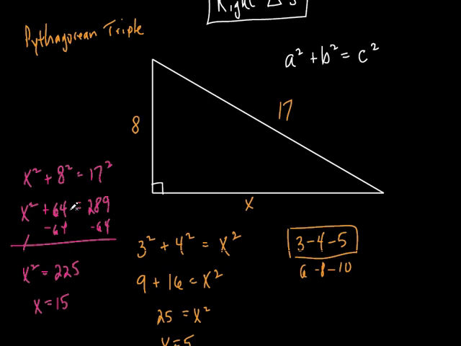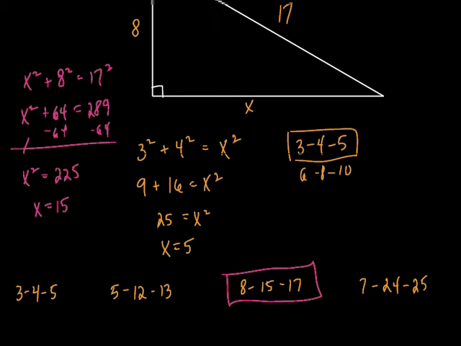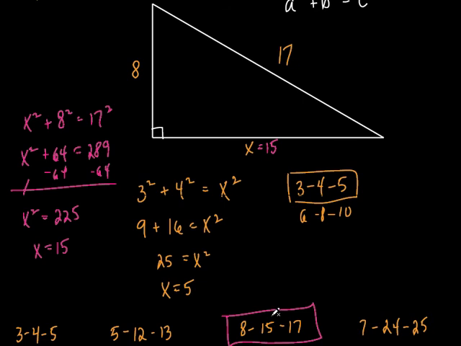So instead of doing all this, I could have remembered my Pythagorean triples, which said my two legs are 8 and 15, the hypotenuse is 17. So I've got one leg of 8 and the hypotenuse of 17, so this other leg should be 15. If you recognize 8, 15, 17, it saves you all that work right there.